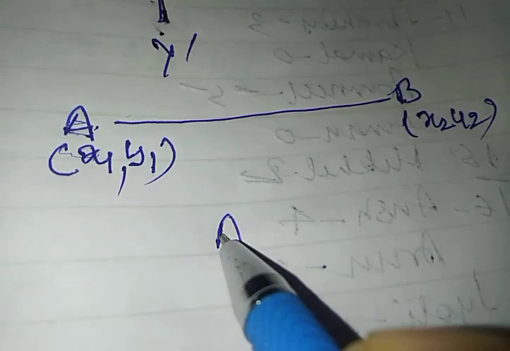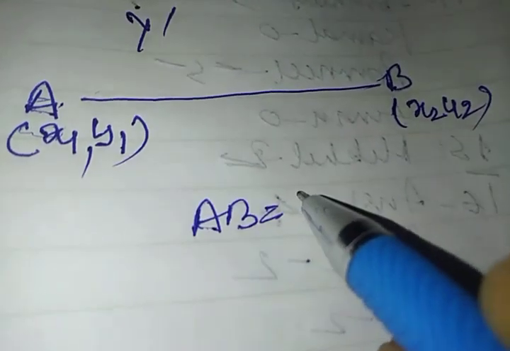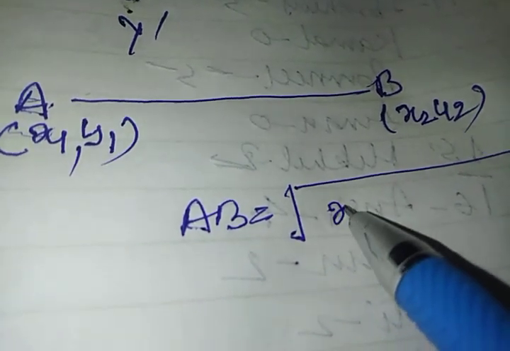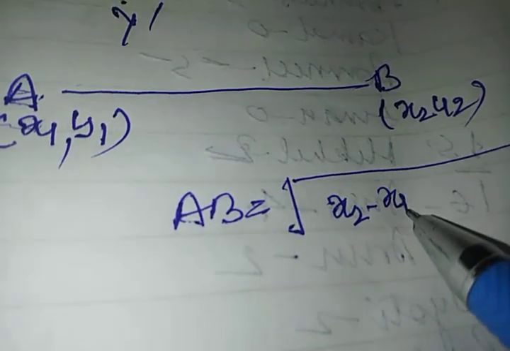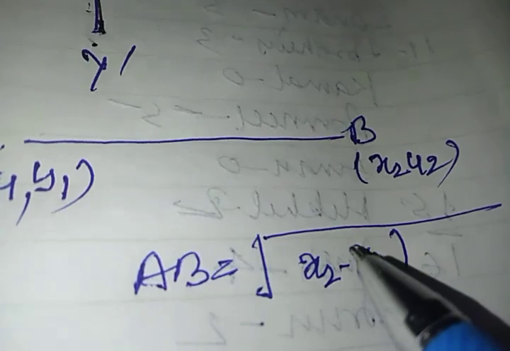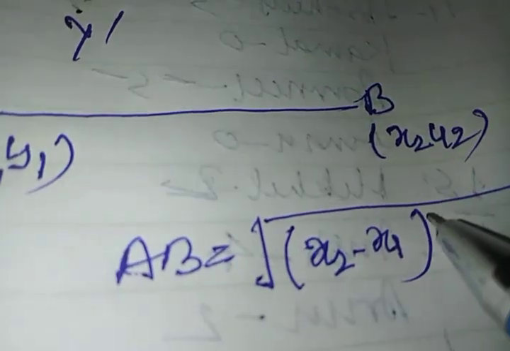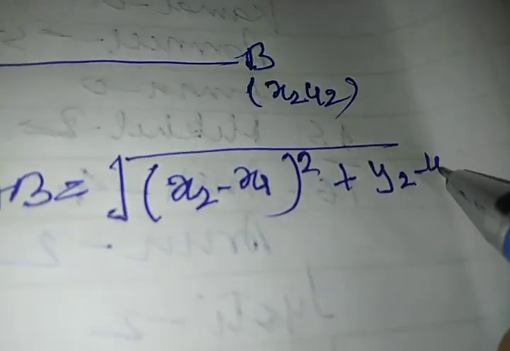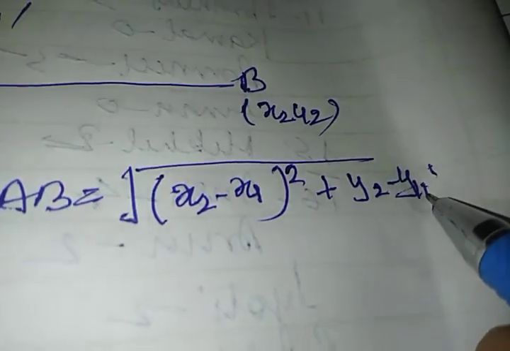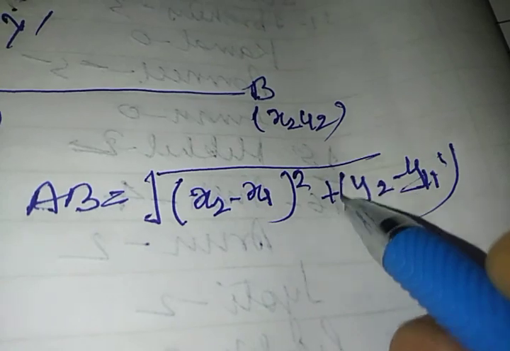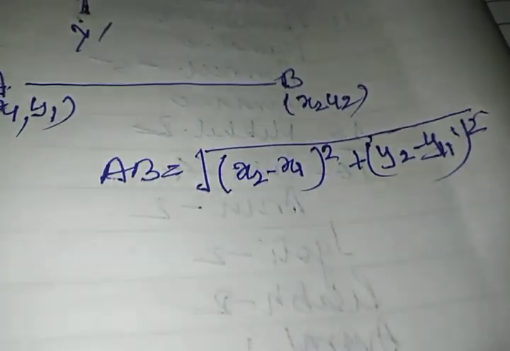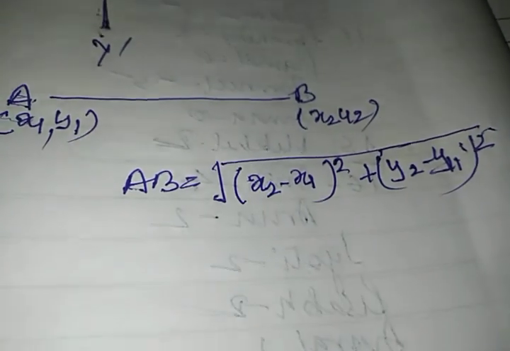Then the distance formula we have derived is AB equal to the square root of (x2 minus x1) whole squared plus (y2 minus y1) whole squared. This was the distance formula.